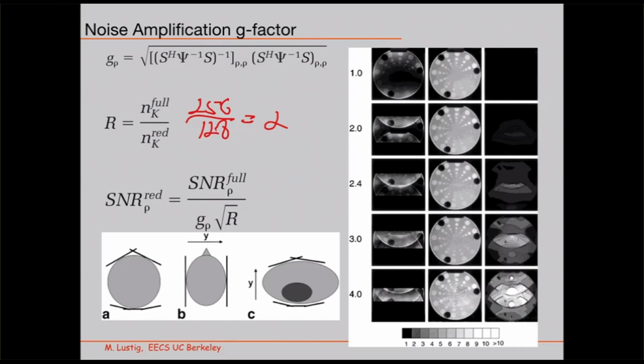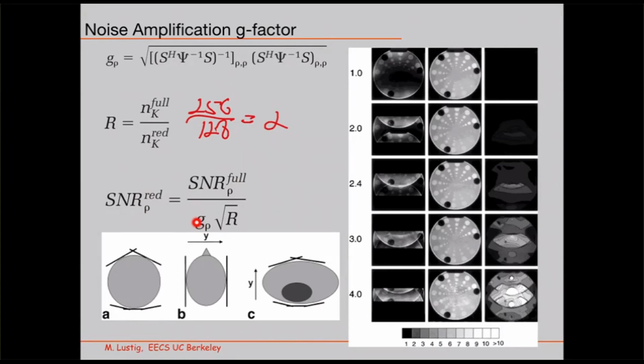So the SNR of a certain pixel in the undersampled case will be the SNR of that pixel in the full case, divided by square root of the acceleration. That makes sense because I reduce my measurements by a factor of R, so I lose square root of that, but then also times the geometric factor of that particular pixel.